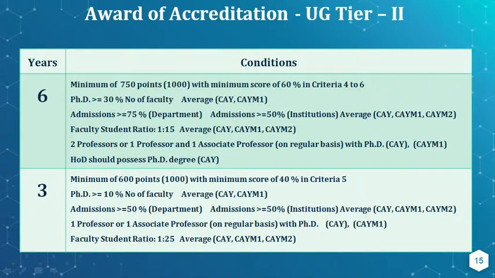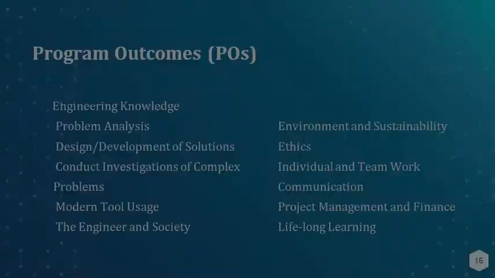Admission again greater than or equal to 50 percent for department, greater than or equal to 50 percent for institution. Here also there is relaxation in the professor and associate professor: either one professor or associate professor with a PhD is needed. Faculty ratio again 1:25 is okay, and when these conditions are not met, no accreditation will be given in Tier 2. So these are the conditions followed in the accreditation.